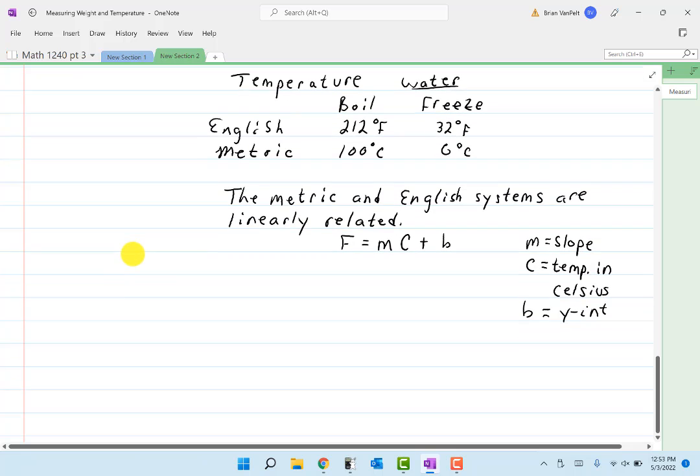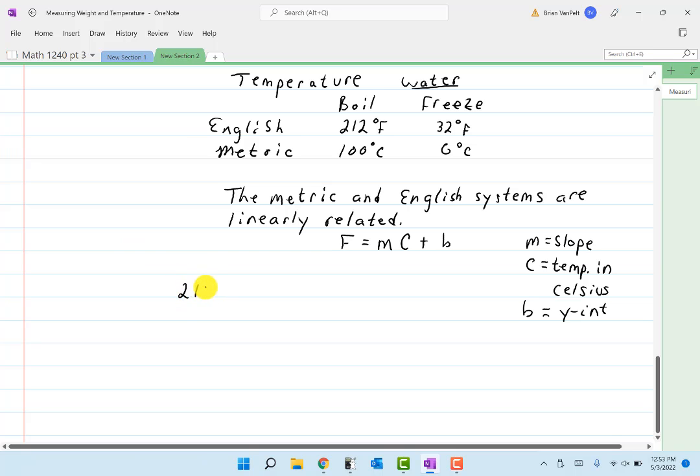So let's take a look at the information that we have. On the one hand, we know that 212 degrees Fahrenheit equals 100 degrees Celsius. We also know that 32 degrees Fahrenheit equals 0 degrees Celsius.